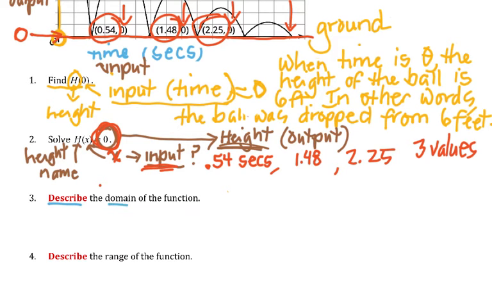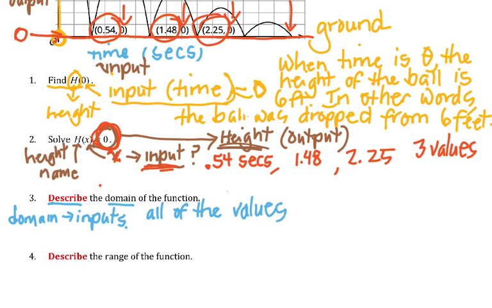Okay, so now we're going to layer on, and it says to describe the domain. So remember, domain are all of the inputs. So I've been given all of the inputs. It's all of the time that the ball hit the ground. I'm describing it, right?